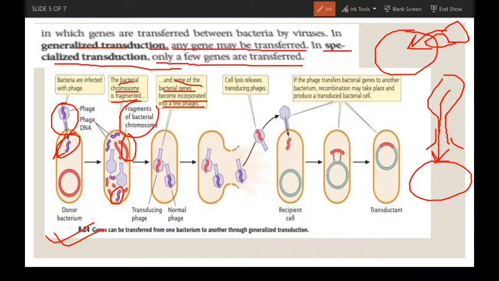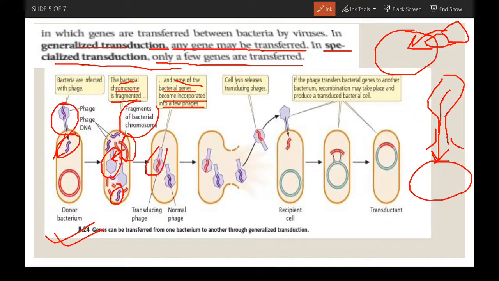These are the phage proteins. Some of the bacterial chromosome fragments may enter into a phage protein coat and become incorporated into it.